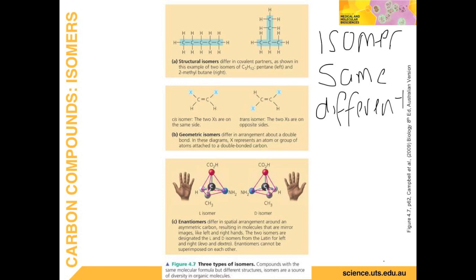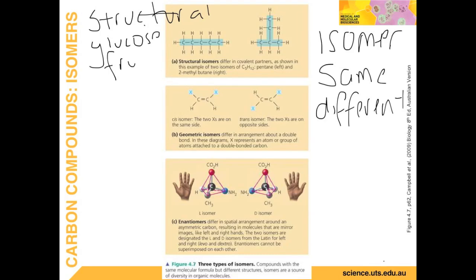Now, for example, we have structural isomers. These are a different arrangement in space. For example, when we do carbohydrates in another vodcast, we have glucose and fructose, which are monosaccharides, and they have the same chemical formula but a different arrangement of the elements in space.